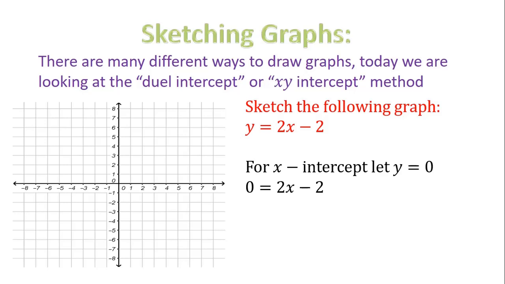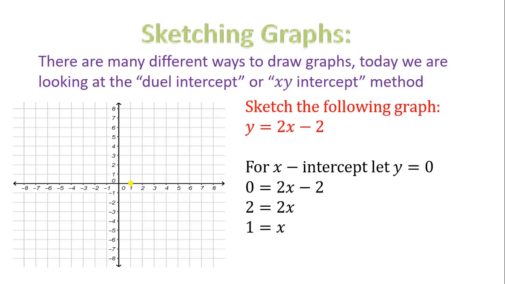To get rid of the minus 2 on the right-hand side, I add 2 to both sides, and so 2 plus 0 gives me 2 equals 2x. Now, I don't want 2x, I want x by itself, so I divide both sides by 2. 2 divided by 2 is 1, and so I get 1 equals x. And I can plot my point, where x equals 1 and y equals 0.